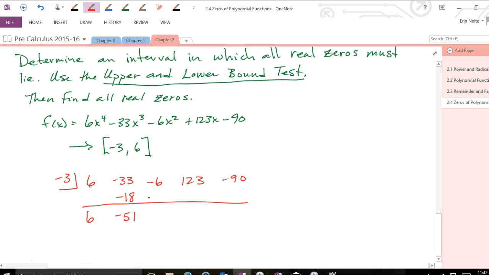What's -51 times -3? Good. 153 plus -6? 147. 147 times -3? 441. Good. And then 123 minus 441? 318. And what's -318 times -3? And then take that minus 90.